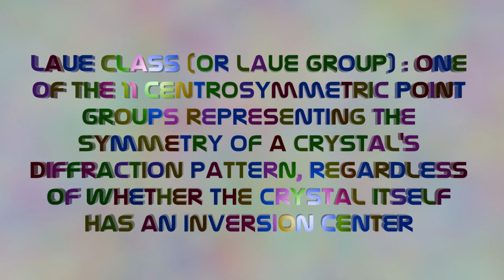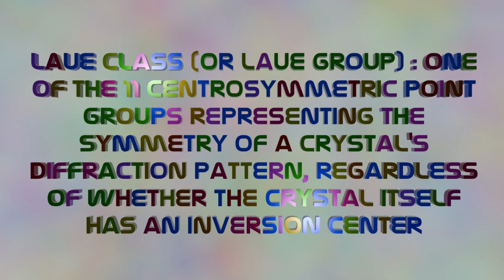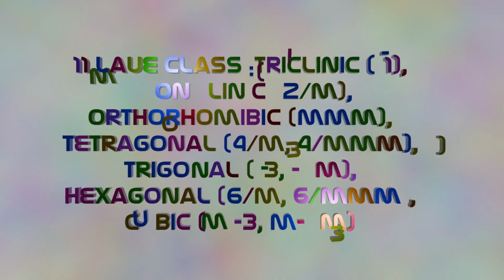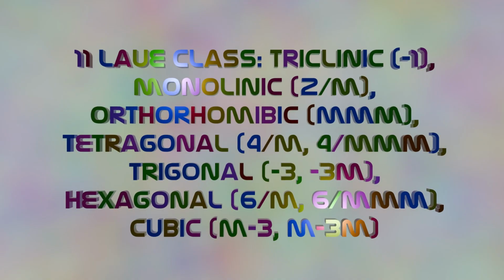Because diffraction always adds an inversion center, every crystal class, when observed through diffraction, collapses into one of only 11 centrosymmetric groups. We call these the 11 Laue classes. The 32 crystallographic point groups reduce to 11 when viewed through the lens of diffraction. Inversion symmetry is, in a sense, the default language of X-ray diffraction.